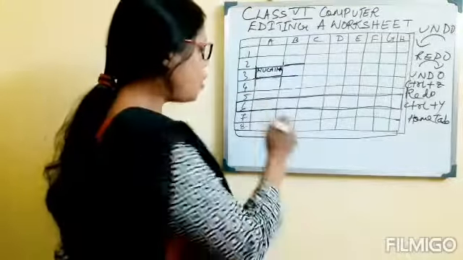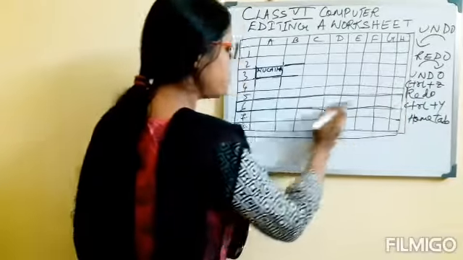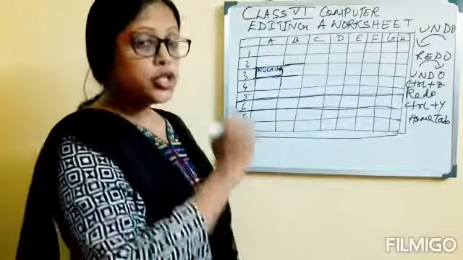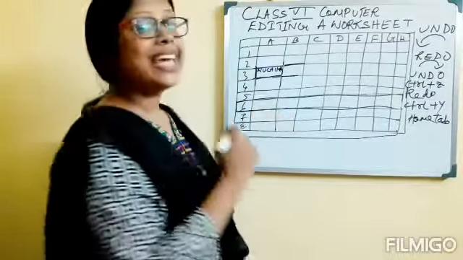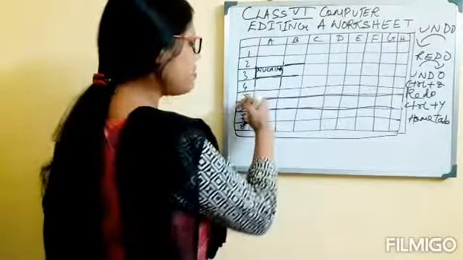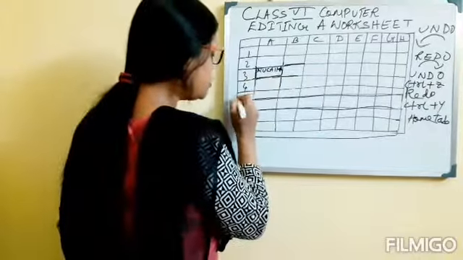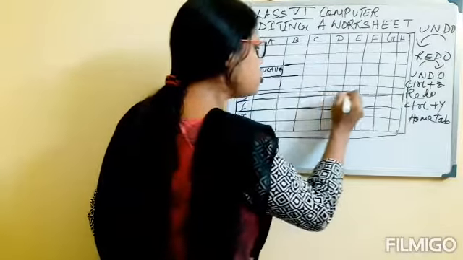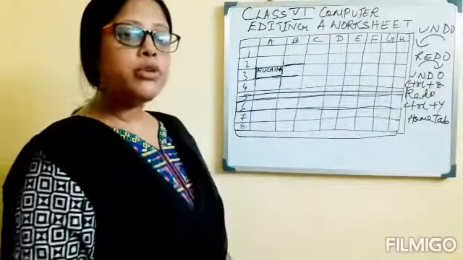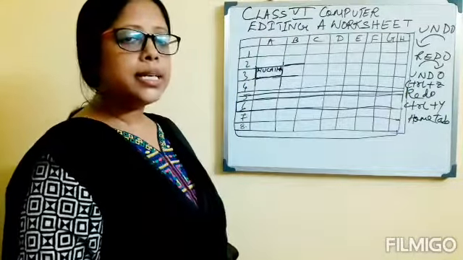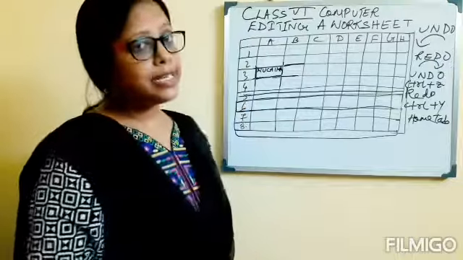Where will the new row get inserted? Just above row 6. So a new row always gets inserted above the selected row.